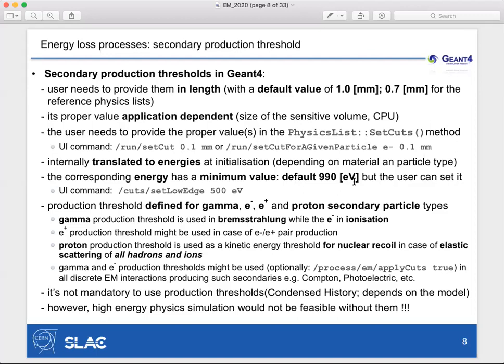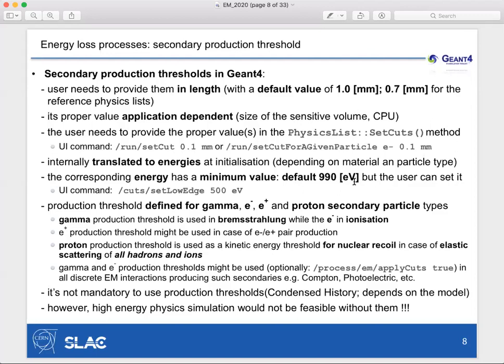So, for example, it can be a really good test if you think that you set a proper secondary electron and gamma production threshold in your simulation. Then you turn on this apply cut that will apply the secondary production threshold for all EM interactions.